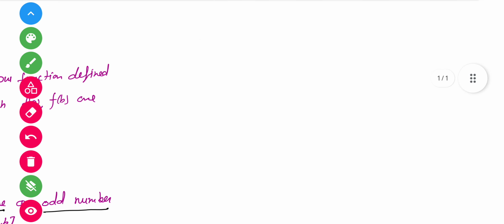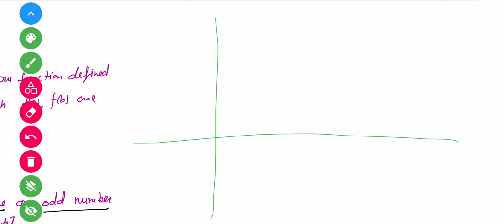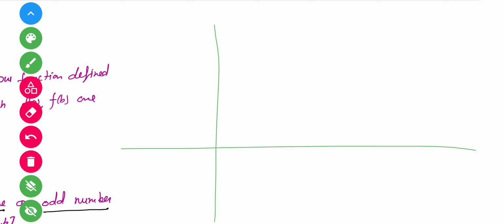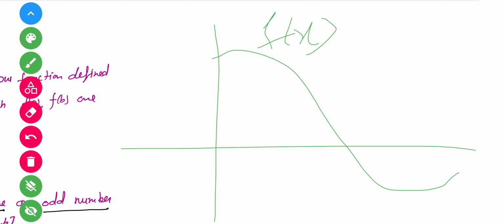Let me draw a little graph. So this is a function f(x), let's say. First of all, we need to find 2 points such that f(a) times f(b) should be less than 0.